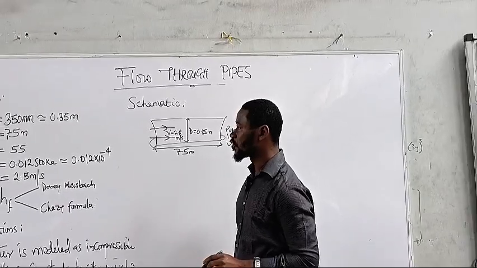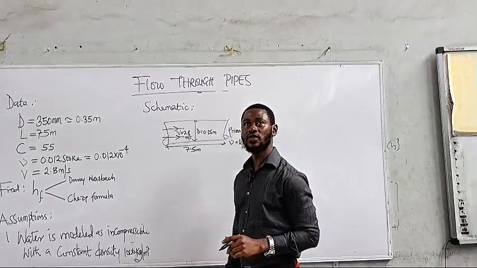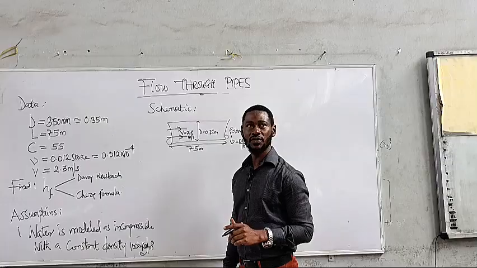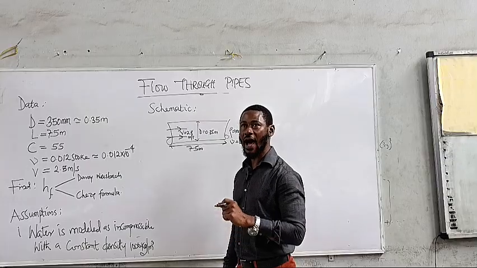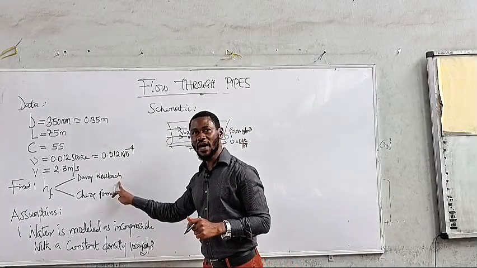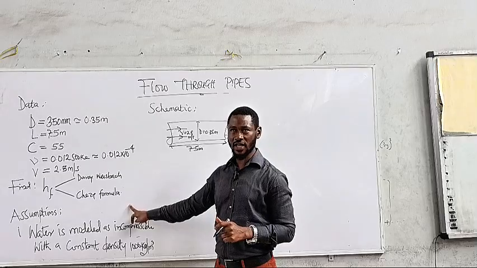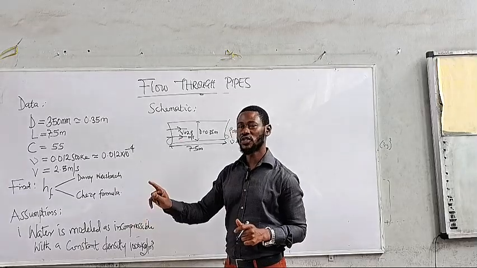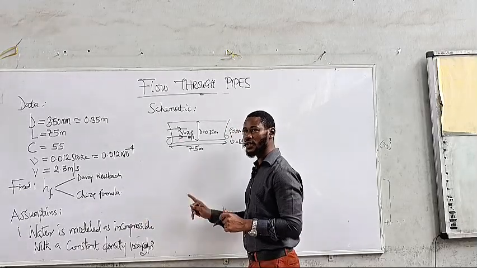What is the next thing that we are going to do? It is to write out the governing principles. The governing principles are Darcy-Weisbach and Chezy constants. The next one is to write out the governing equation.